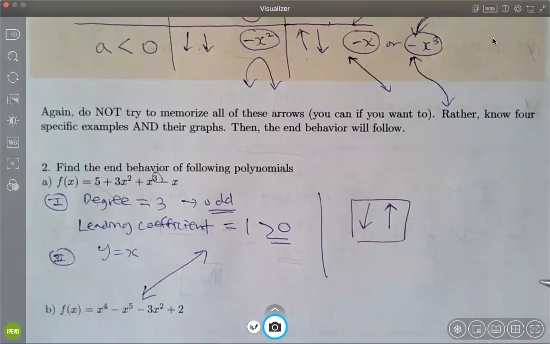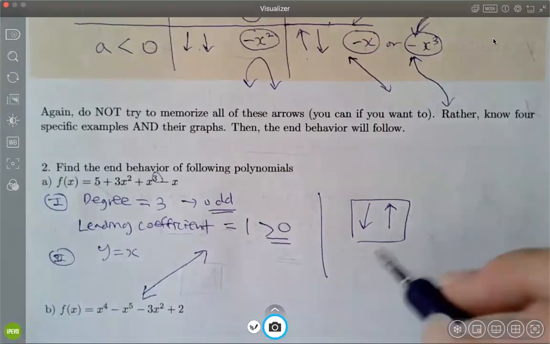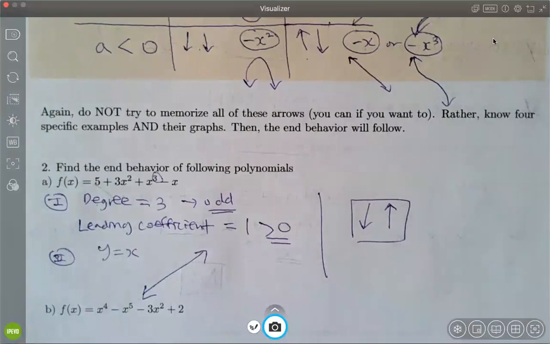Okay, so typically what people ask is, how should we answer the question of end behavior in our homework? Honestly, I cannot remember because I don't have to do your homework. But either you will see arrows, like down, up, down, down, or you will see some phrase like the left end decreases, the right end increases, or the left hand decreases and the right hand decreases.